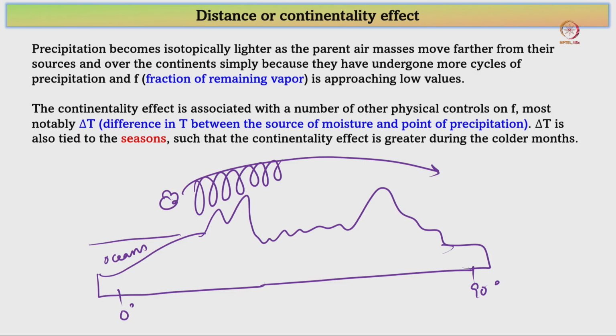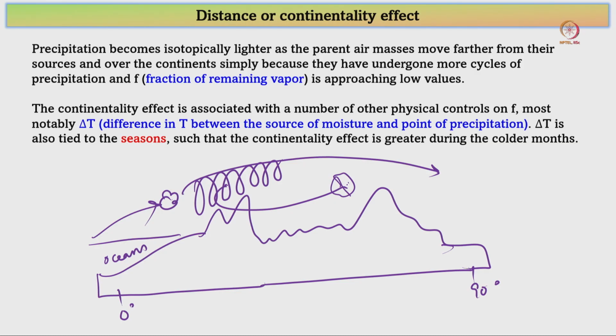So, what happens is, as soon as the air mass moves away from the coastal areas, it starts getting depleted more and more. So, there is less of the initial fraction of the vapor that got transferred from the oceans. Yes, there will be some local vapor that is contributing again, but in case of a phenomenon like monsoon and all that, the contribution of this kind of evaporation to the precipitation is very negligible as compared to the vapor that is coming from ocean sources.